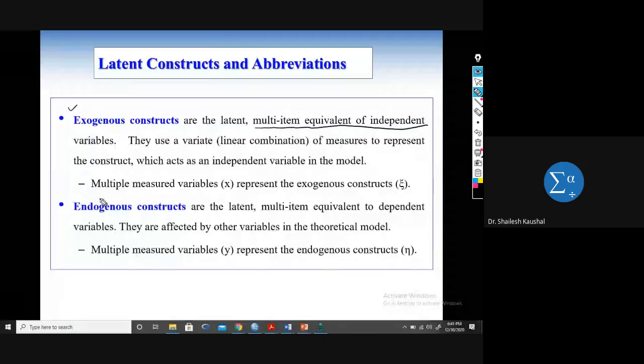And endogenous is the multi-item equivalent of dependent variables. So we use the two terms exogenous and endogenous instead of dependent and independent variable.